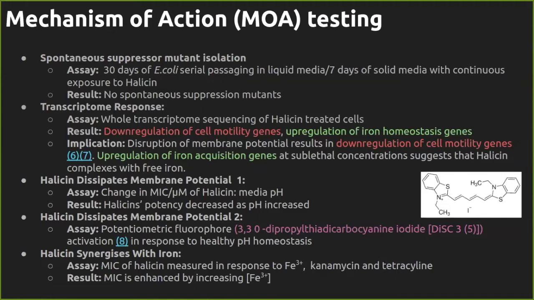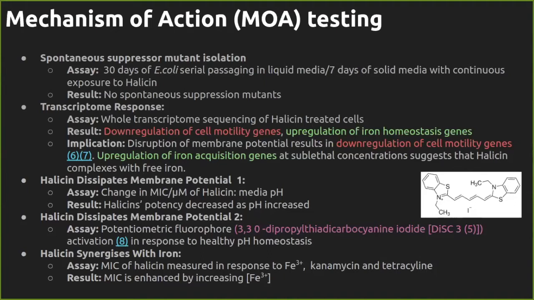Okay, then they proceeded to some mechanism of action testing. One way that you can test for a mechanism of action of an antibiotic is to see if you can evolve a resistance gene for it, and then that might give you some clues as to how the antibiotic works. So on both solid media and in liquid media, the authors gave E. coli continuous exposure to the antibiotic for either 7 or 30 days, depending on whether it's on solid or liquid media respectively.